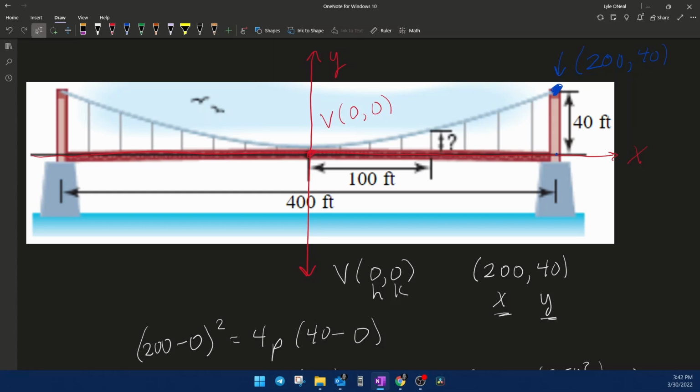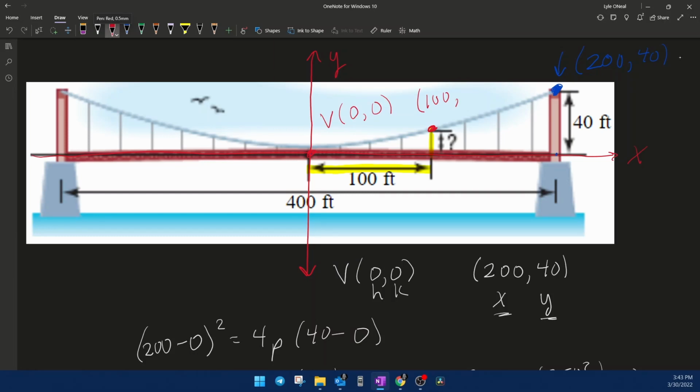Now, if you're wondering, is all of this needed? The answer is yes, because what they wanted to know is how high the cable is at a distance of 100 feet from the center. So let's use a highlighter to help show that. If I go 100 feet over, then I'm going to go straight up, and that's going to be a point on the parabola, which would correspond to the ordered pair with x equal to 100, right?